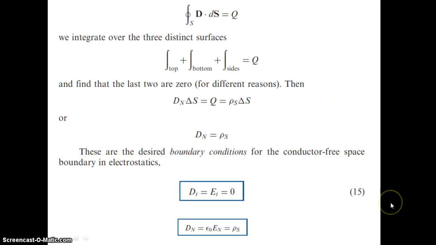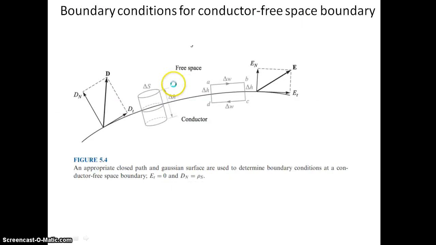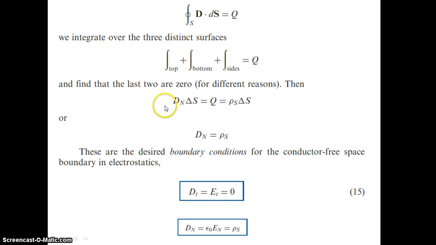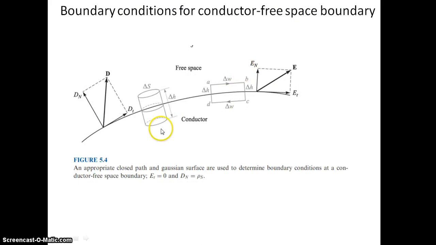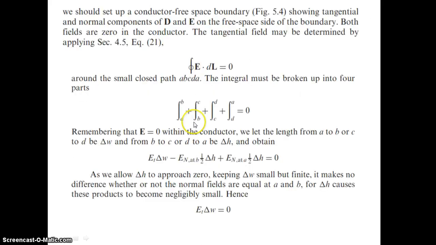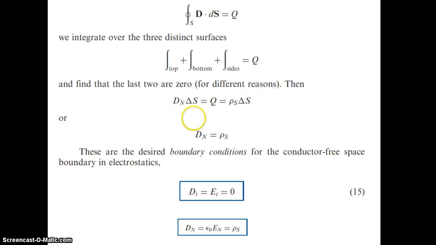Next, consider the Gaussian surface and use Gauss law, that is, the closed integral of D dot dS equal to Q. Here in the cylinder we have three surfaces: top, bottom and lateral side surfaces. So top plus bottom plus sides equal to Q. The bottom resides in the conductor, so the field there is 0, and the sides will also be 0.